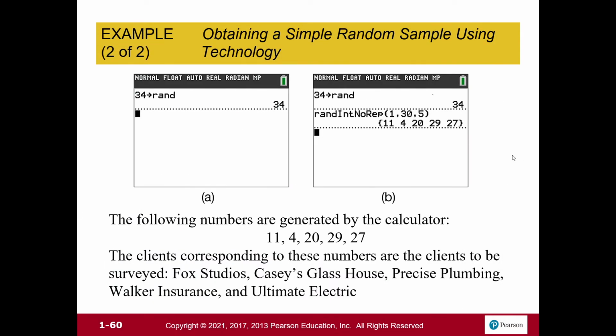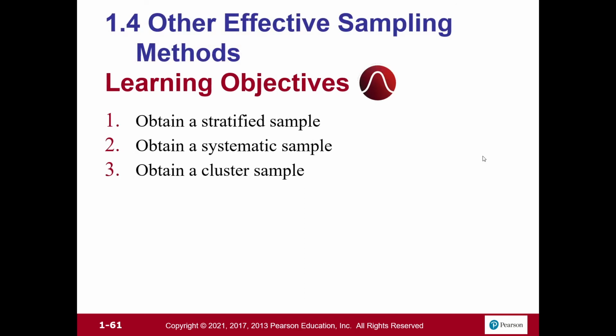All right. Let's look at section 1.4. There are 3 different learning objectives this time. How to obtain a stratified sample, how to obtain a systematic sample, and obtain a cluster sample.